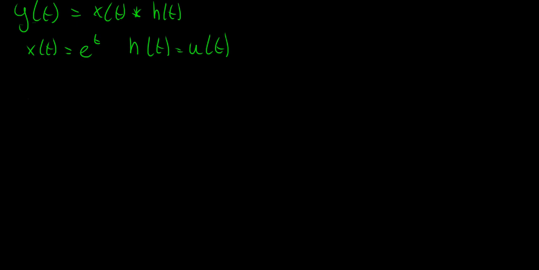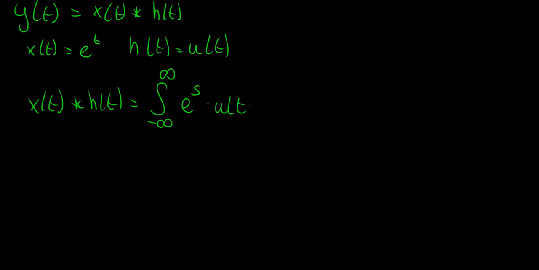Well, if we convolute these two together, what do we get? We get the integral from minus infinity to infinity of e to the power of s multiplied with u of t minus s ds.